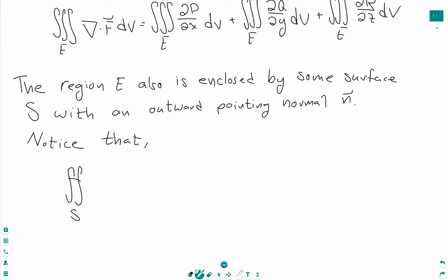So just like the line integral that's closed, you have this circle in the middle. So this is a closed surface, just notation wise, of F dot dS. So we're trying to find the flux of F through the closed surface.